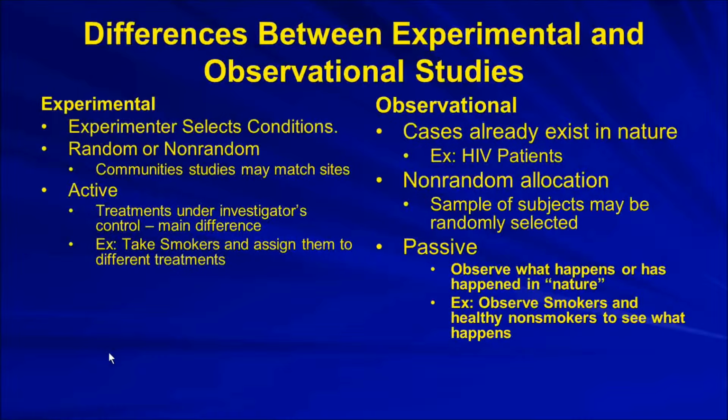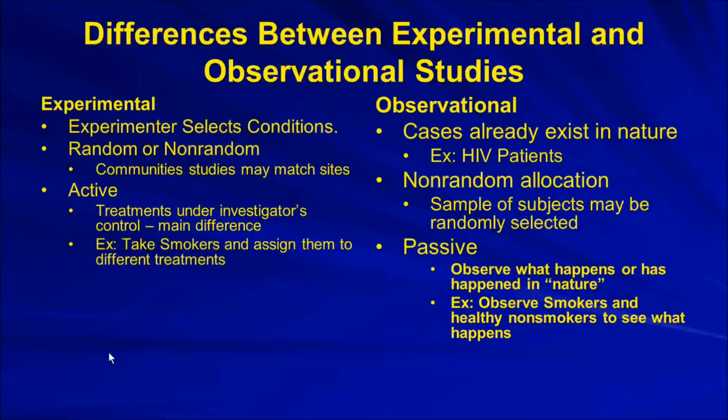So we have non-random allocation. A sample of subjects may be randomly selected. I mean, we could pick some people, as I mentioned, who drank the contaminated water, because we can't investigate all of them, from those who drank from well 1 and people who drank from well 2. But normally, on the variable of interest in terms of illness, we don't randomly decide who becomes ill and who doesn't.